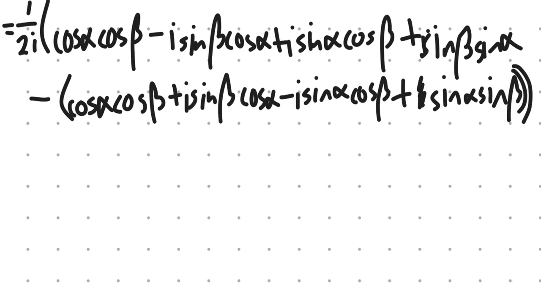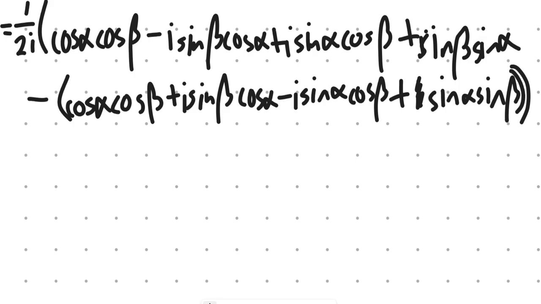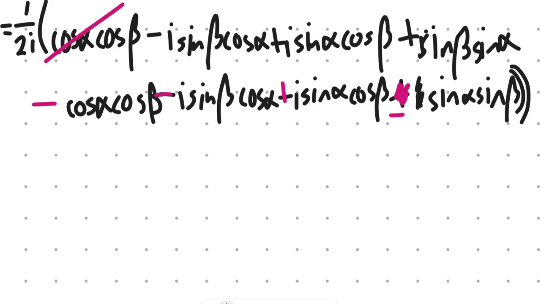Now since we have this big expression, we want to multiply the minus into everything. This will become minus, this will become plus, and this will become minus. So we can take the parentheses outside, and then we have cosine alpha cosine beta minus cosine alpha cosine beta, and sine beta sine alpha minus sine alpha sine beta.